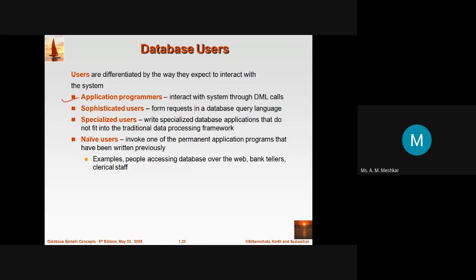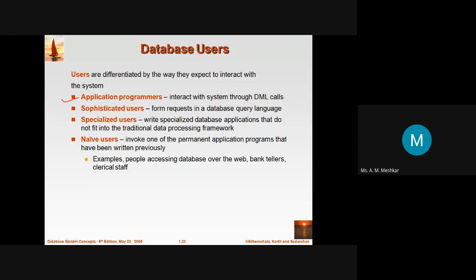For that we need interfaces like websites, forms, or any software program. These will be designed by the application programmer, who is responsible for writing the program.